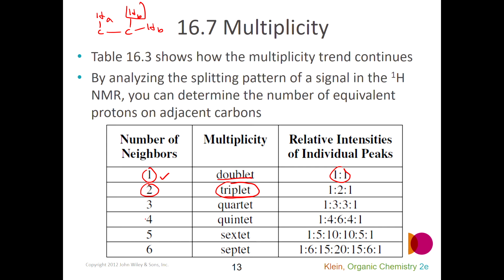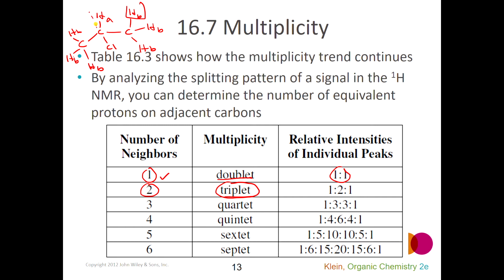But generally, as long as all of the neighboring hydrogens are equivalent, so let's say we had a situation like this, where the molecule was symmetrical, maybe we got chlorine here or something. In this situation, hydrogen A is split by 3 hydrogen Bs over here and 3 Bs over there.